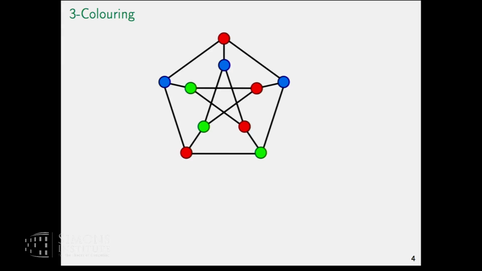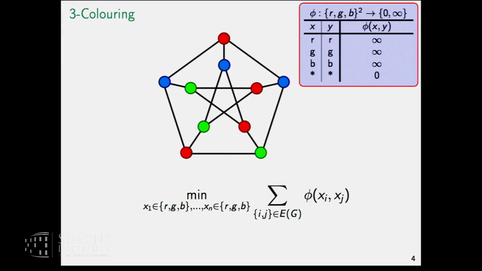So this is 3-coloring. Even though it's a decision problem, I want to see it as an optimization problem, sort of. It's a minimization problem where I minimize over all possible assignments of the 3 available colors to the vertices of the graph. The objective function is given as the sum of binary terms, and each term comes from an edge in the graph.